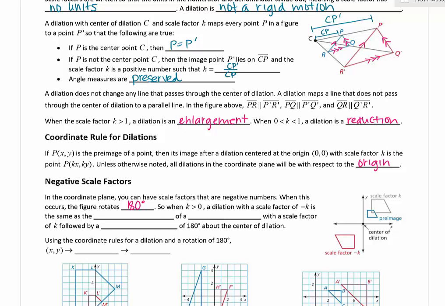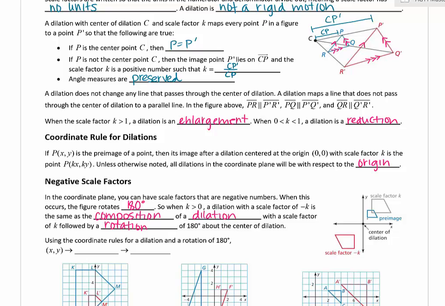When K is greater than 0, a dilation with a scale factor of negative K is the same as the composition of a dilation with a scale factor of K followed by a rotation of 180 degrees about the center of dilation. You can see the picture over here.